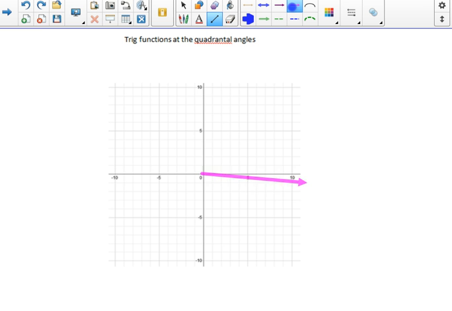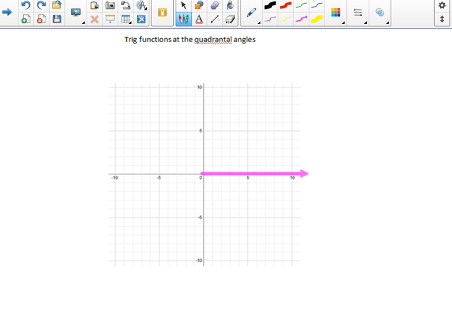So what happens when our angle is either 0 degrees or 360, 90 degrees, 180 degrees, or 270 degrees? What are the values of sine, cosine, and tangent? For that matter, we could flip them upside down to get their buddies, but let's just do sine, cosine, and tangent and recognize we can always take their reciprocals later.